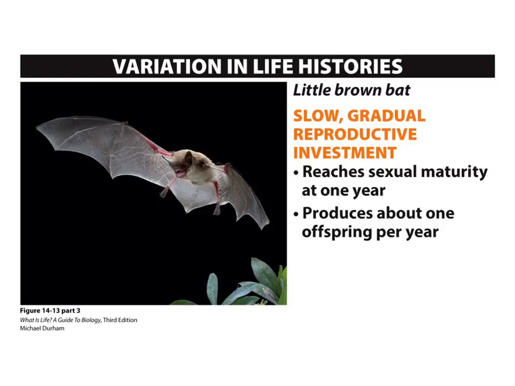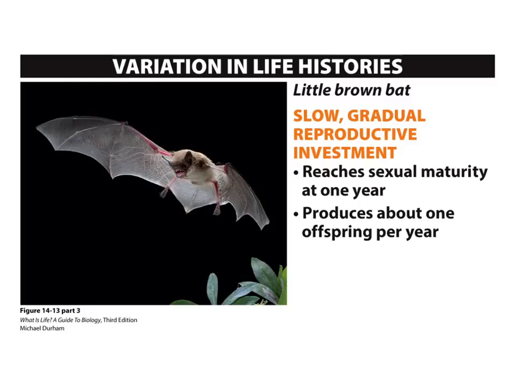The third reproductive strategy we're going to look at is slow, gradual reproductive investment. These animals tend to reach reproductive maturity at a much later age, and they produce fewer offspring at a time with larger gaps in between. Generally, they spend a lot of time on each individual offspring to make sure that they reach maturity themselves. An example of this is seen in bats.